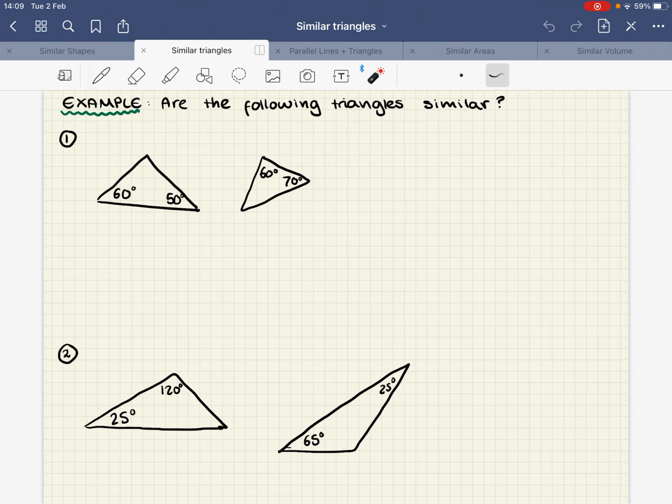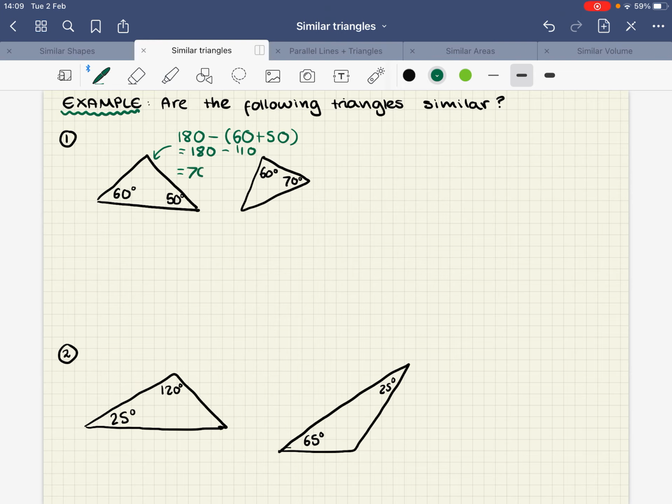Okay, so this first one, we are being asked, are the following triangles similar? So I've got these two triangles here and they've got some of the angles. I need to prove that the triangles have all the same angles within them, so I need to find out what the missing angles are. Here, I'm going to do 180, take away my other two angles added together, which gives me 180 take away 110.